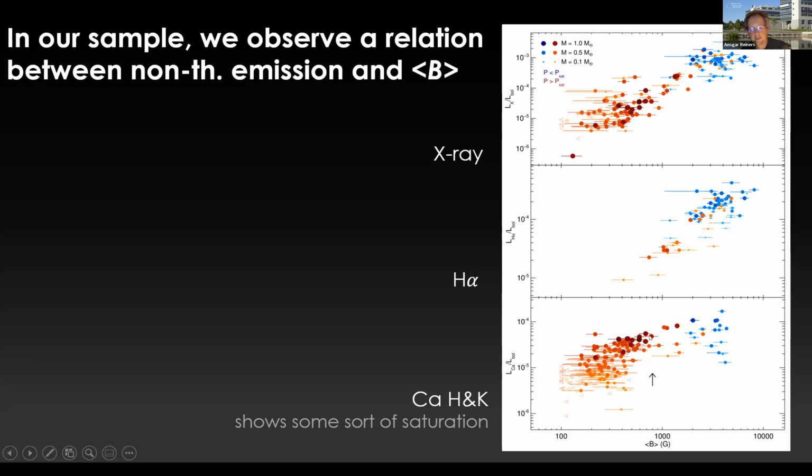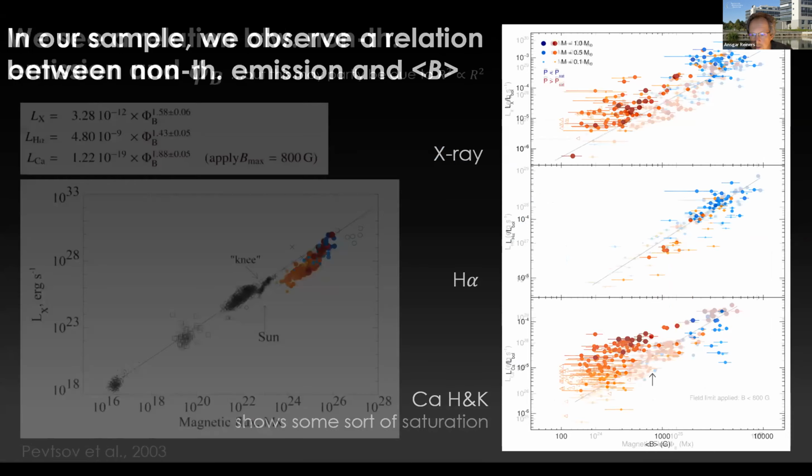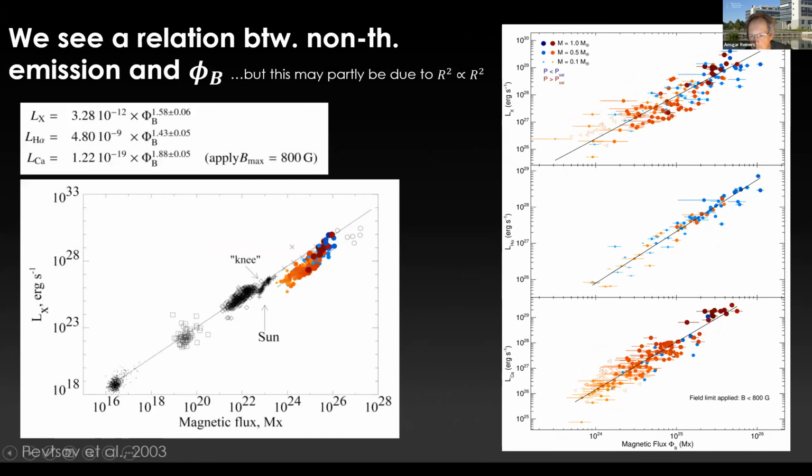So this means that we would assume that as soon as the star has a certain general level of activity, calcium is not really increasing, and that makes this plot appear so nice between the luminosity and calcium and the magnetic flux.